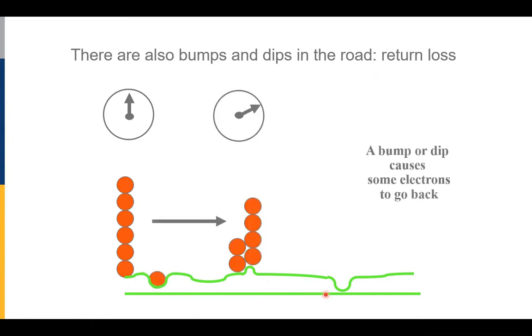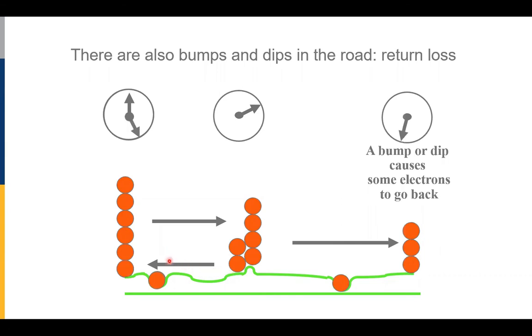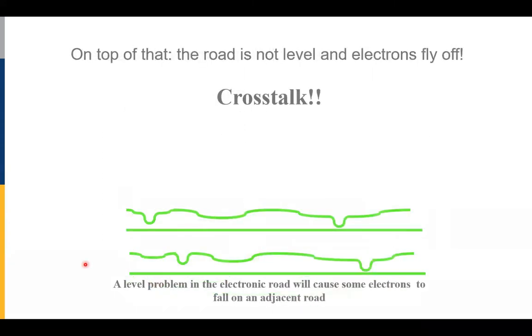Now we're going to send the electrons down the wire, but as they go down the wire, they run into these dips and bumps, kind of like a speed bump, but technically it is an impedance variation in the cable. If we change the distance between the 2 copper conductors in the cable, that's going to change the impedance, and that's going to cause a signal to reflect back to us. So return loss is a measure of signal that reflects back to us.